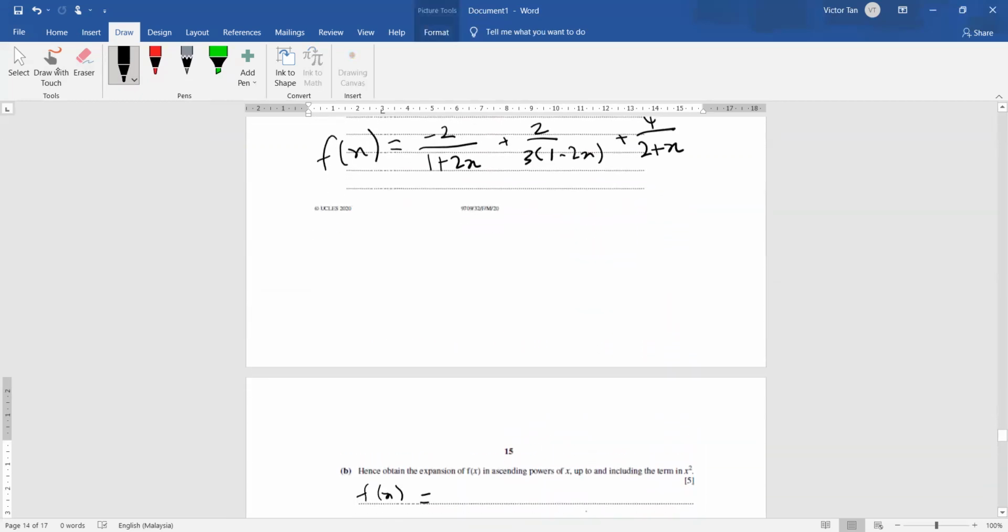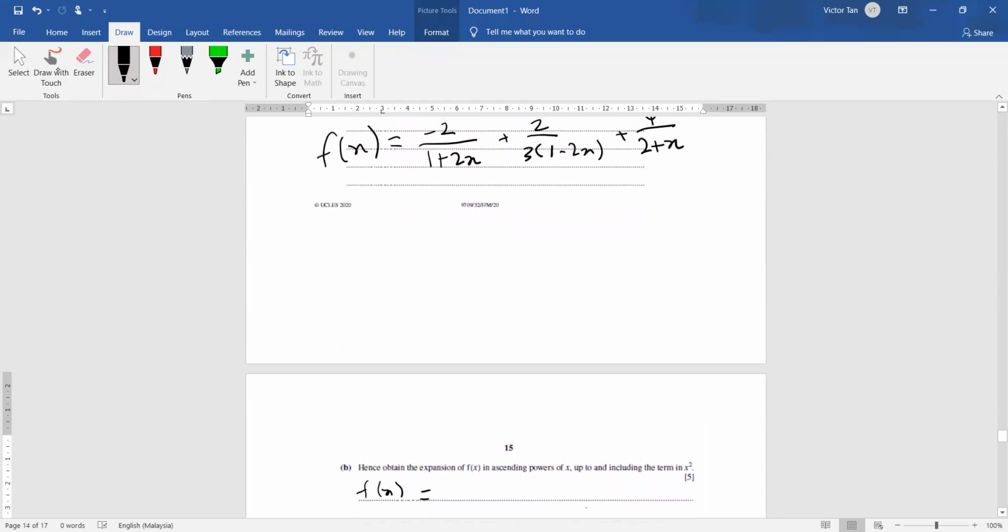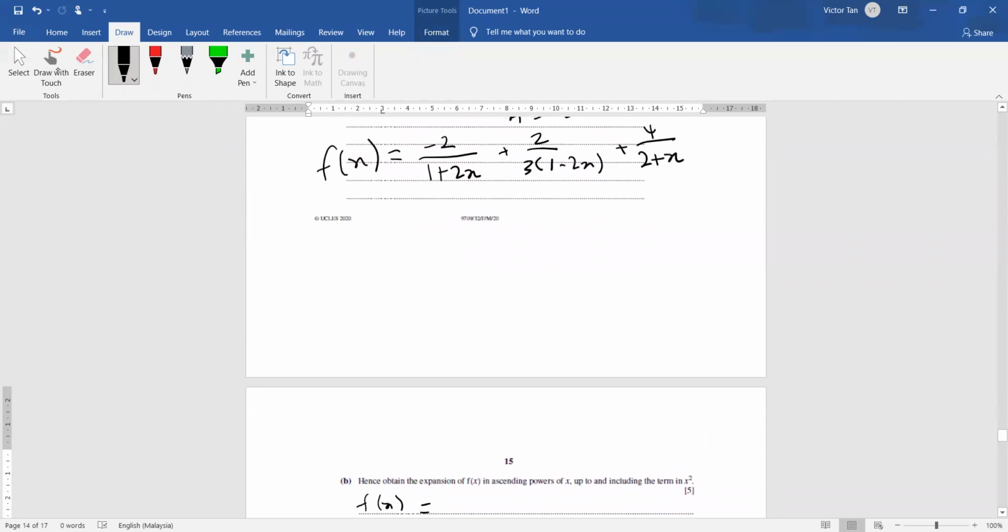Okay. So I'm going to rewrite this easier. So this will be 4 over 2 times 1 plus half x, or it is 1 plus half x.